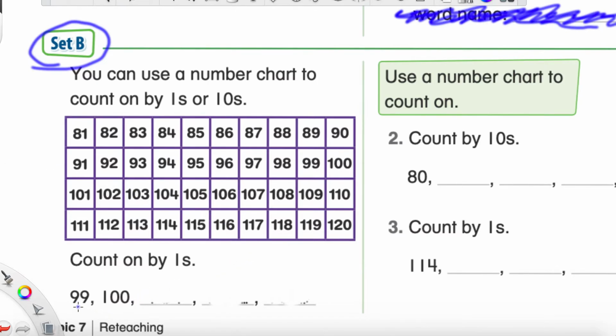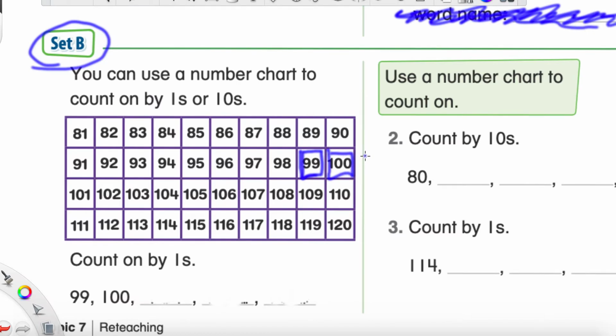Okay, so after 99, we have 100, and maybe we don't know what number comes next. That's okay. We go up to our 100s chart, this little section. I like to circle the very first number or put a box around it. There's 99. Here is 100.